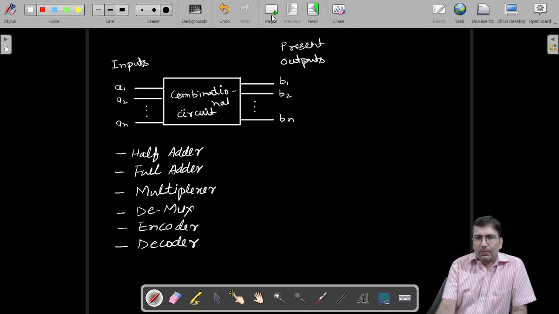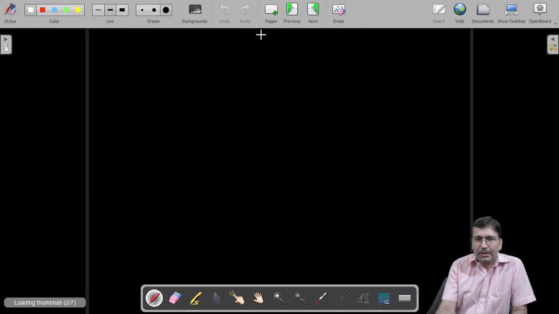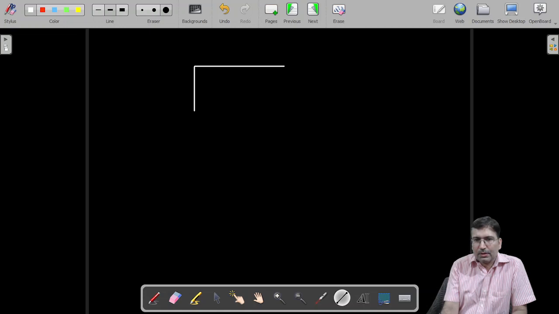Now let's talk about the sequential circuit. In a combinational circuit, if we add a memory element, then this combinational circuit starts behaving like a sequential circuit. So let's see it. Let's say we are having a similar circuit, where we are passing a certain number of inputs and we are getting some outputs.